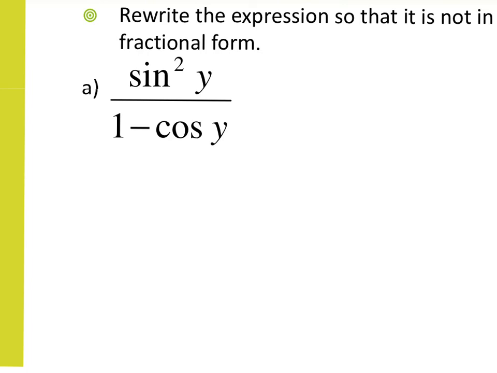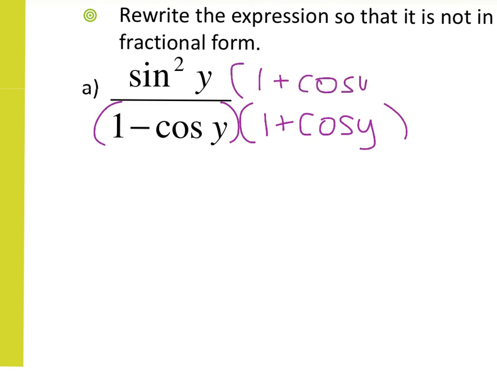All right, who can tell me what's the first step that you did? Okay, so you multiplied by 1 plus cosine in the top and the bottom. So the top, did you distribute that out?